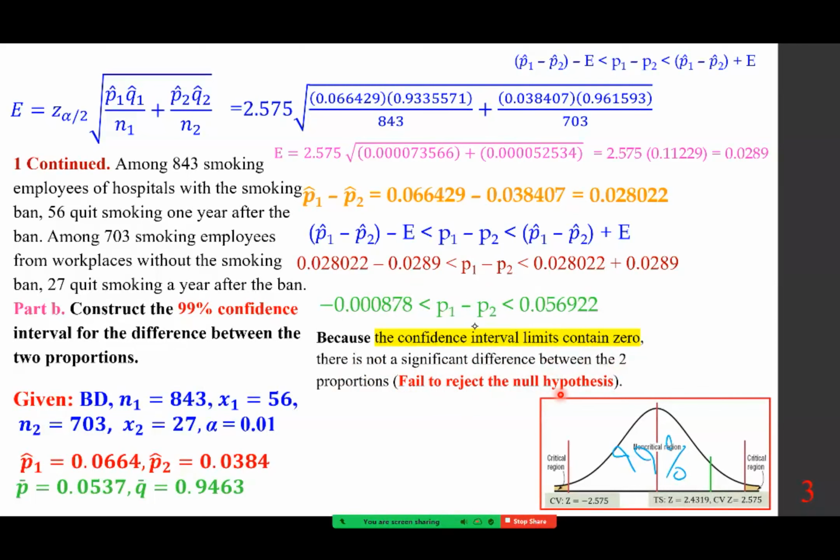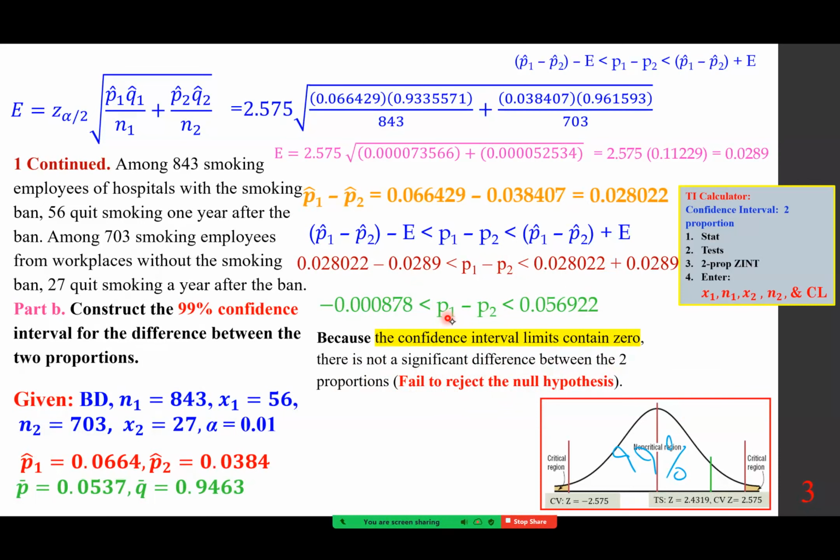In other words, P1 is equal to P2. If it goes from negative to negative, that's not the case. If it goes from positive to positive, it's not the case. Normally, if it goes from negative to negative, it means P1 is less than P2. And if it goes from positive to positive, that means P1 is larger than P2. That's the meaning of it.